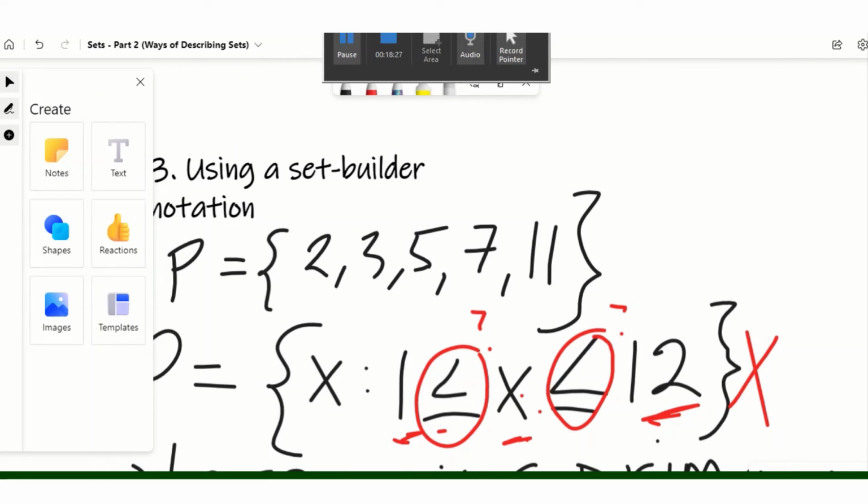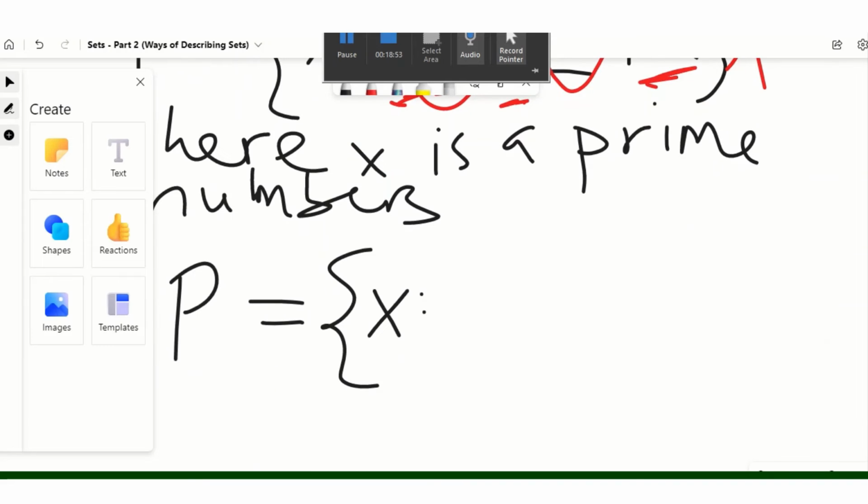The x is representing all of this. Now you can see that the numbers, we don't have 1, we don't have 12, so we can say x is greater than 1, because it starts from 2. So our x is in the middle.